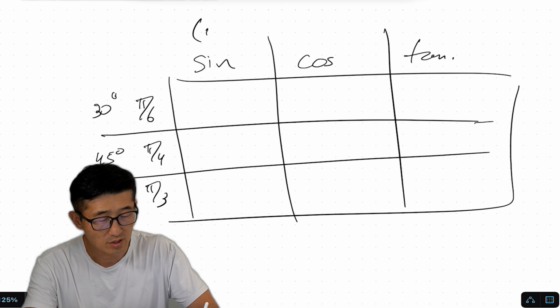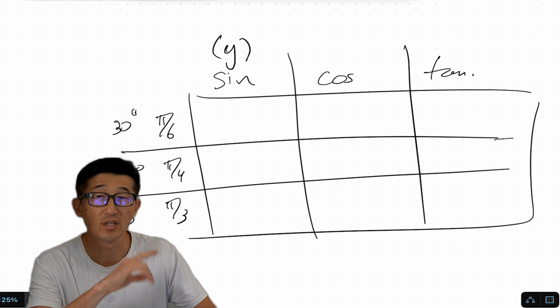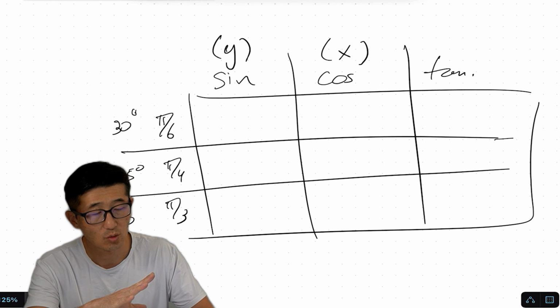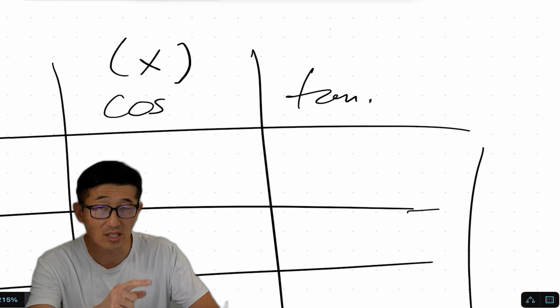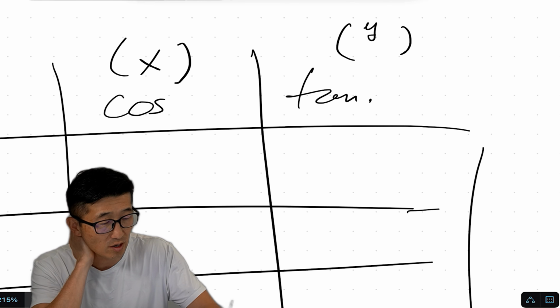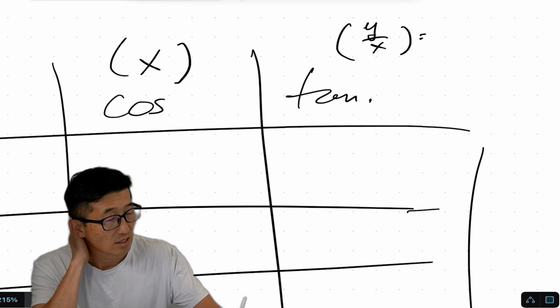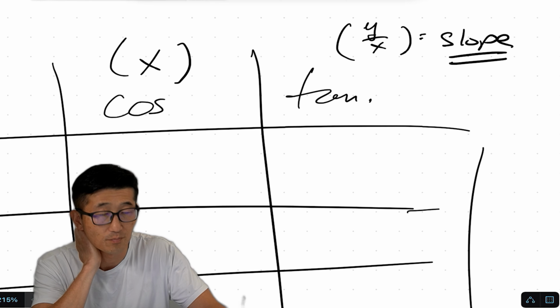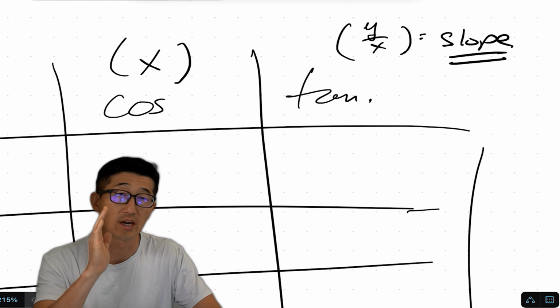And so understand that the sine values that you get are your y coordinates. Cosine values are your x coordinates. And tangent values are y over x. And later on, you'll learn that tangent is actually another version of your slope. Rise over run.